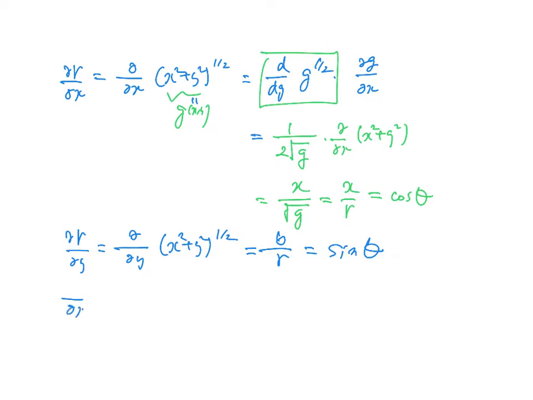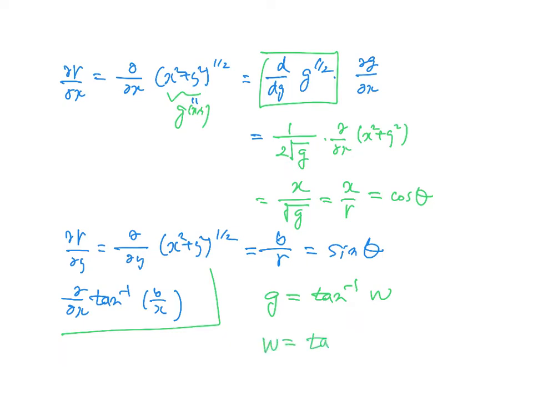So what is this? Partial x of arctangent of y over x. Let's do some simple side tricks. Let's say g is the inverse tangent of w. Then w is tangent of g.